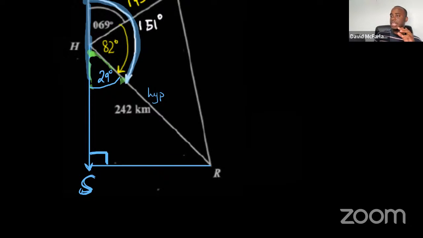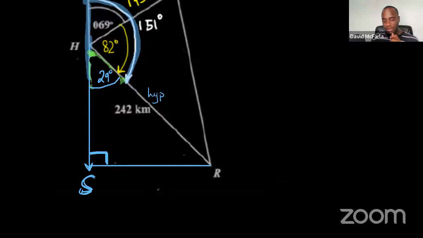Which side is HS? Is it the opposite or the adjacent? Look at where the angle is, and sometimes this gets students too. Is it adjacent to the angle or is it opposite to the angle?